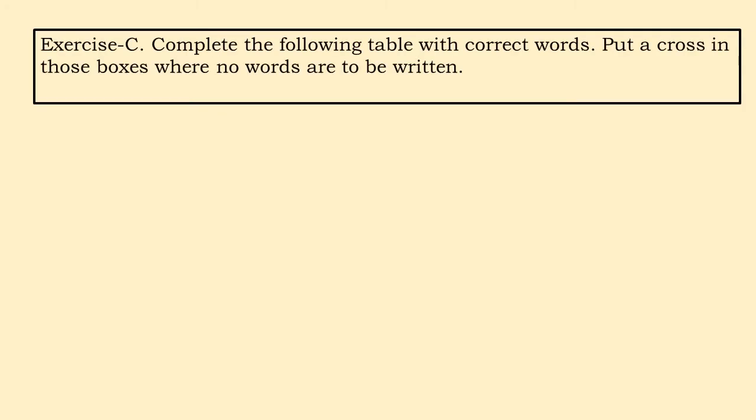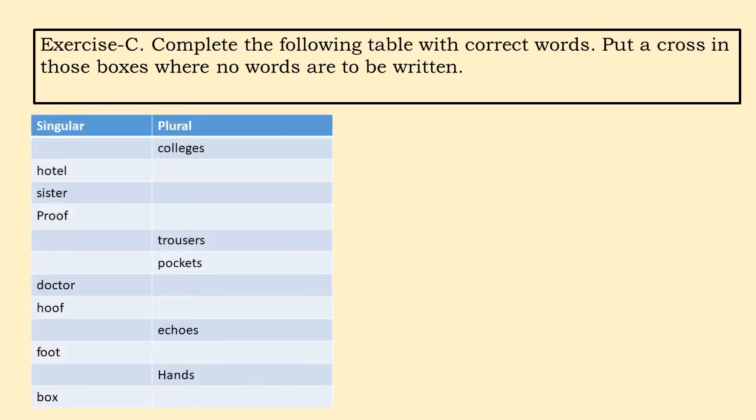Exercise C. Complete the following table with the correct words. Put a cross in those boxes where no words are to be written. So what you are supposed to do in this question, you have to go through the table first. We are given 2 tables here in this exercise C. The first column is with singular and the second column is to be written with the plural, right?